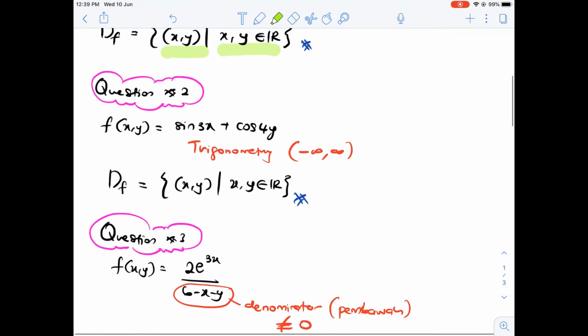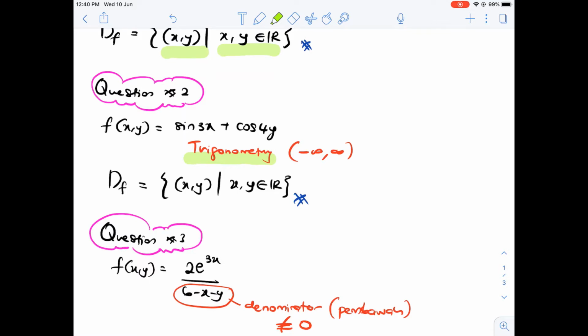Okay, now question number 2. For question number 2, we have trigonometric function. We have sine, we have cos. Again, if you use your calculator, if you plug in sine negative 900, you still can get the values. The same thing goes for cos. If you plug in cos negative 1000, you still can get the values.